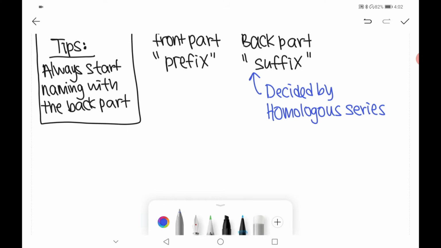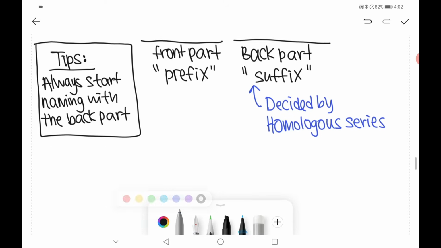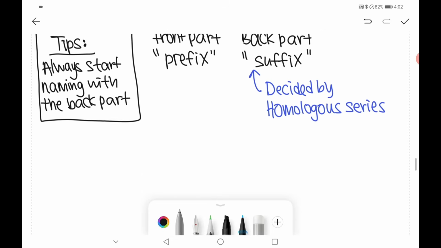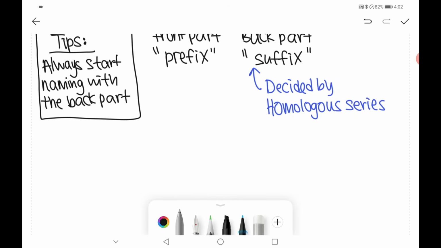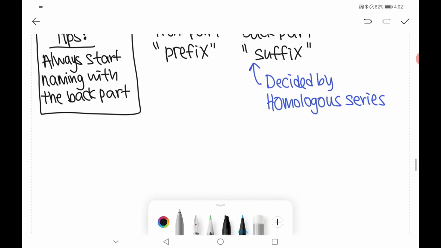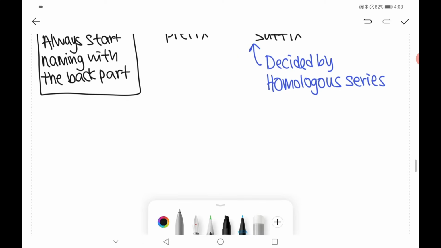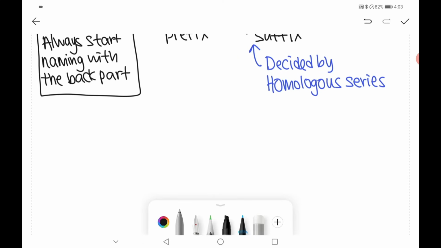All right, let me go through a simple table here. There are a total of 6 homologous series that we learned. Let me write it down first. At first you might find it a bit blur, but you'll be fine in a short while.